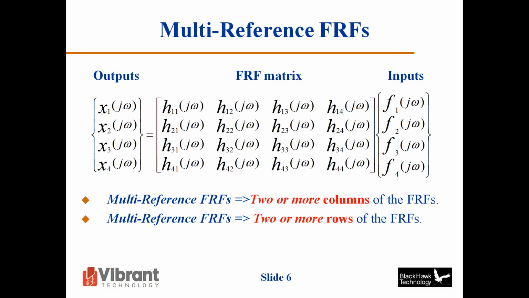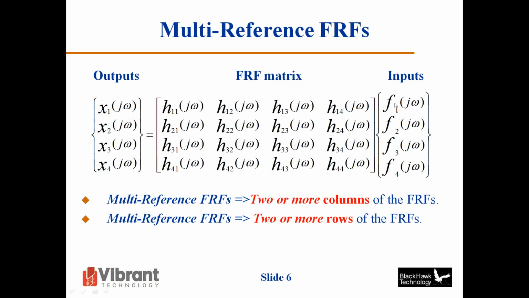So each of these FRFs is a cross-measurement between an input and an output. And there's various ways, we won't get into that today, that we build up rows and columns of this matrix. When we talk about multiple reference, though, we're talking about measuring 2 or more columns or 2 or more rows of the FRF matrix. So that's what we mean by multiple reference.